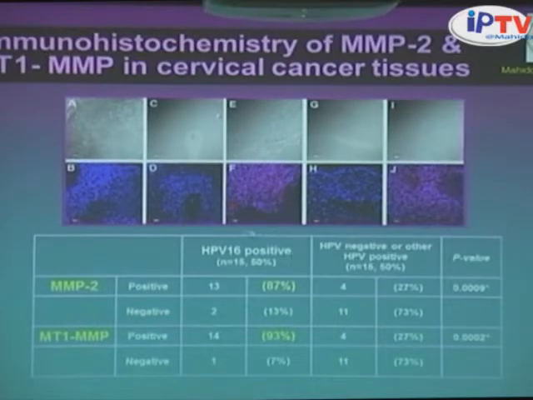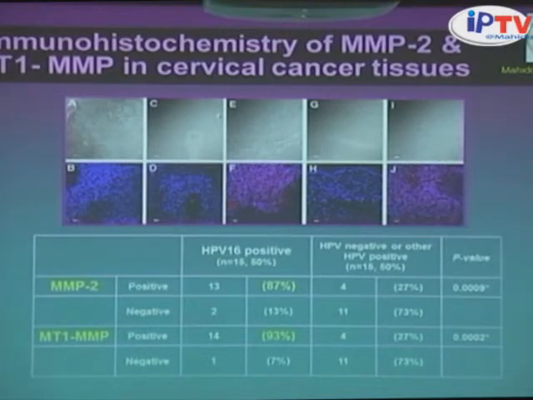You will see that in HPV positive cells, the expression of MMP2 was quite high, with 87% detected, whereas 93% was detected for MT1. The samples were selected based on HPV infection, regardless of the pathological staging. We don't care for the staging.